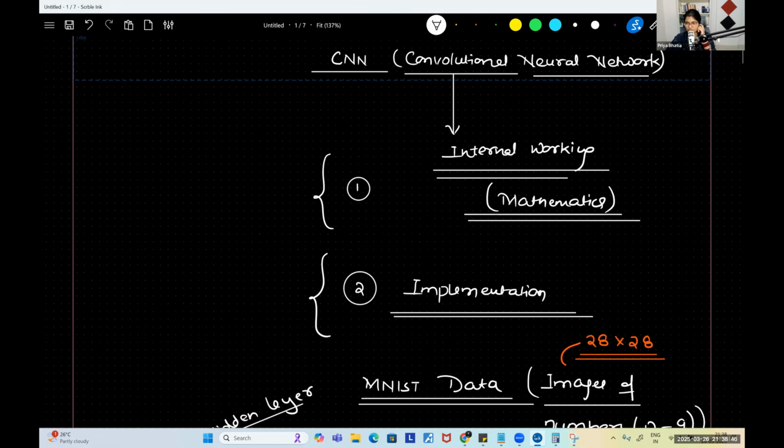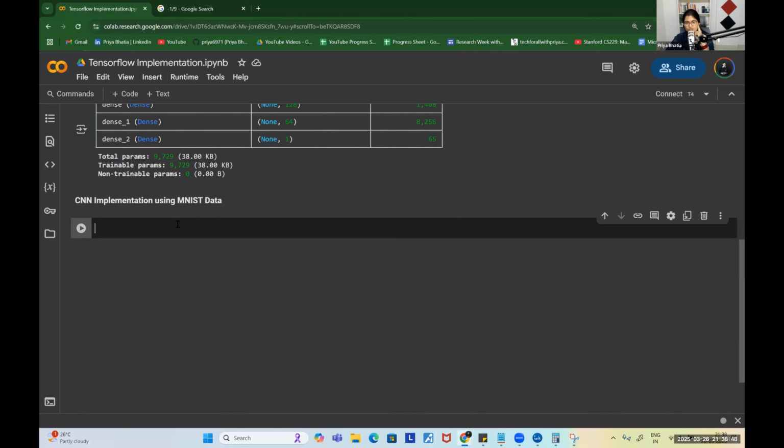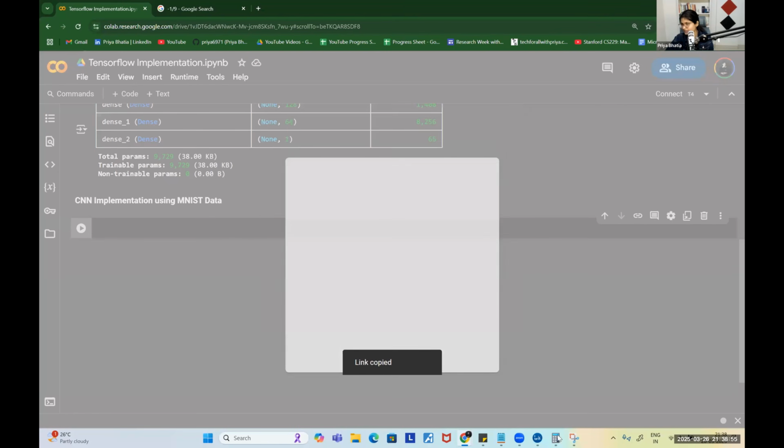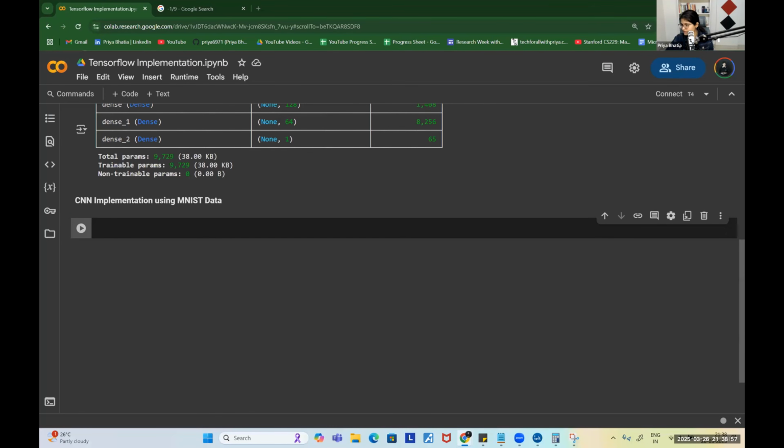Let's try to do the implementation as well. Now, just open the same file which we discussed in our last class. We will do the implementation from scratch, and then maybe we will wrap up today's class because I also have a meeting.